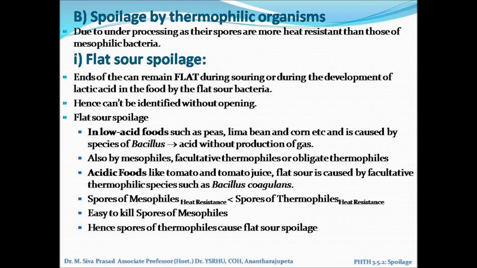It is produced both in low acid foods like beans and peas, and in high acid foods like tomato or tomato juice, wherein Bacillus coagulans starts producing lactic acid but does not liberate any kind of gas. That's why the can remains flat without any swell.